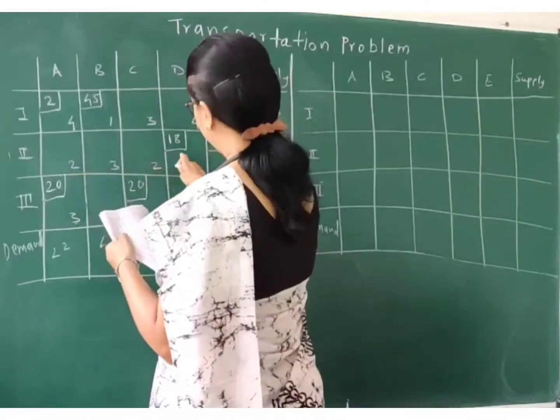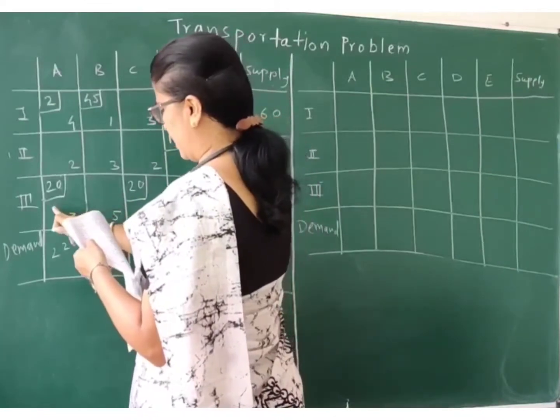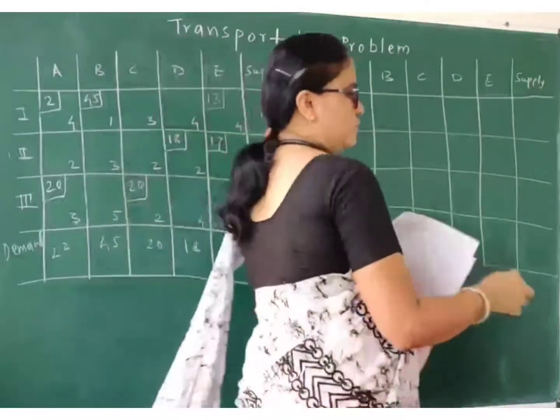In the second row I have allocation as 18 and 17. In the next row I have allocation 20, 20.